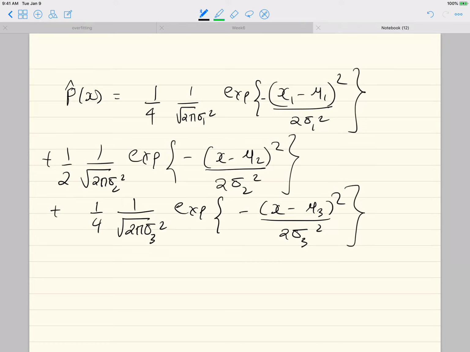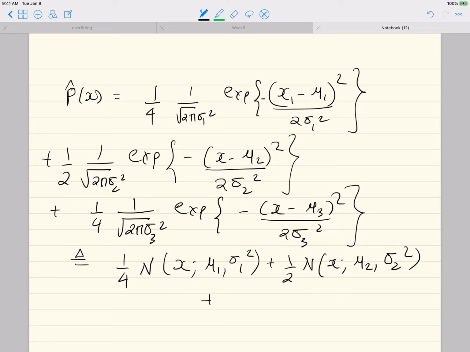I will write this in a compact form as 1/4 times Gaussian. Now I'll actually write the variable just to emphasize x is the variable. Gaussian of x with mu1, sigma 1 square, plus half Gaussian of x with mu2, sigma 2 square, plus 1/4 Gaussian of x with mu3, sigma 3 square.